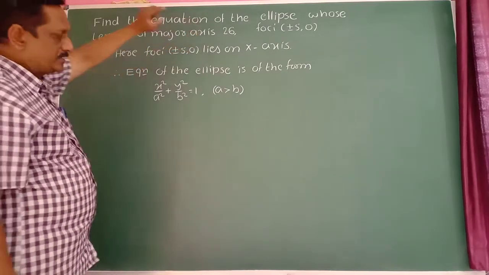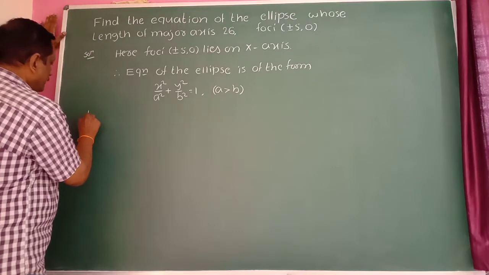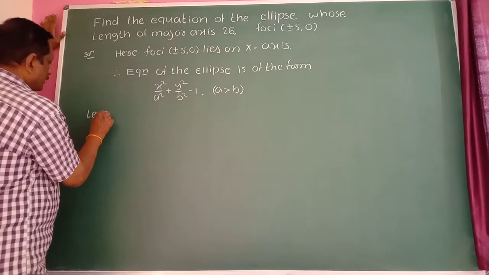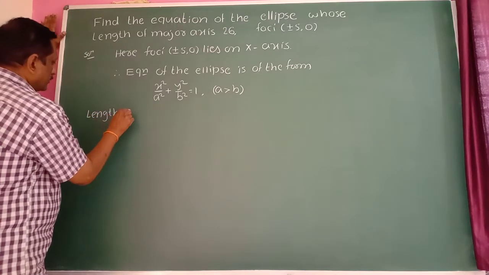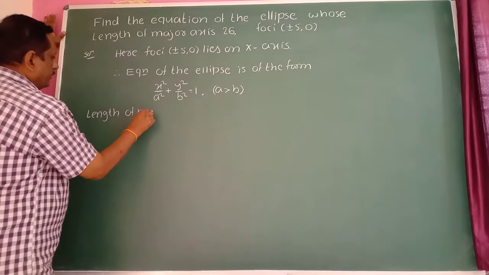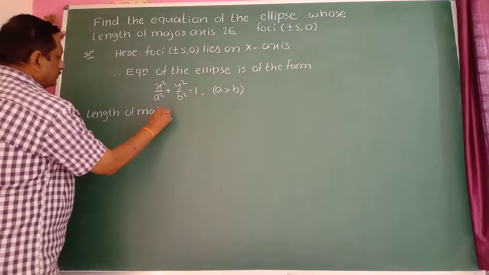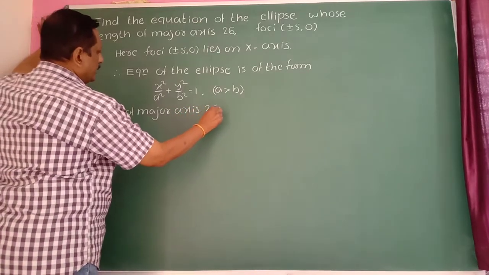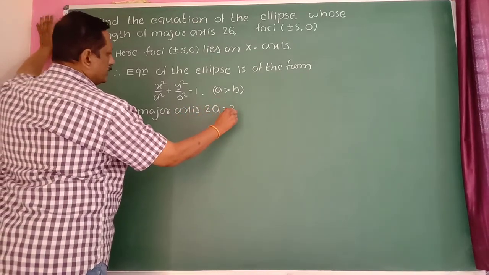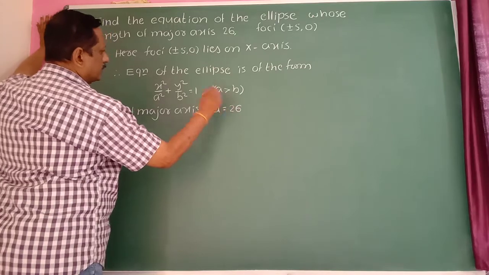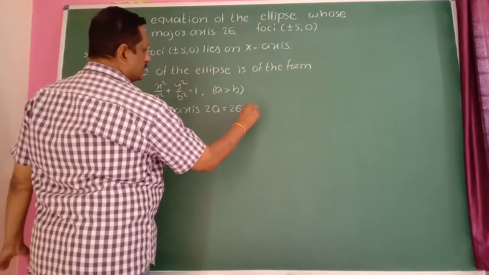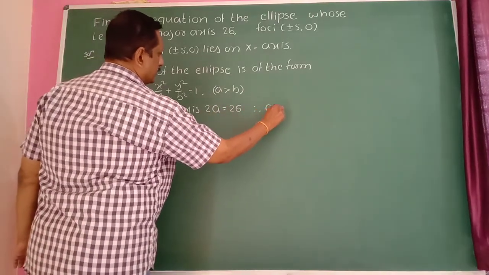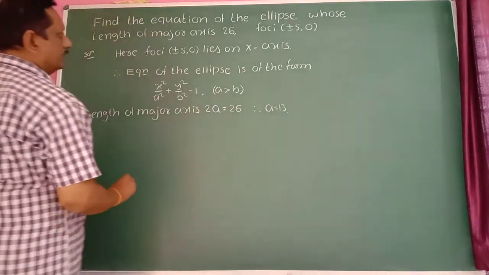2a is equal to 26. So length of major axis 2a is equal to 26 here. Therefore, a value is 13 here. a is equal to 13.